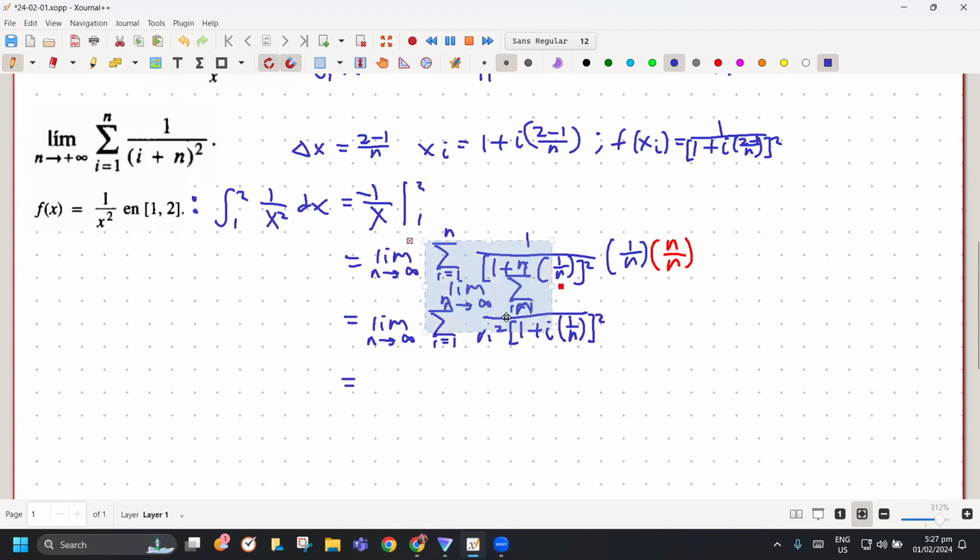Ngayon, i-absorb mo yung n squared sa loob ng square. Parang igagawin ko to, tapos papasok ko na sa n.